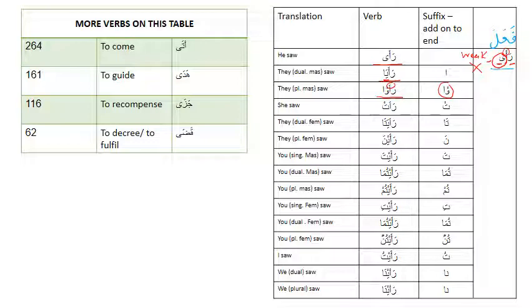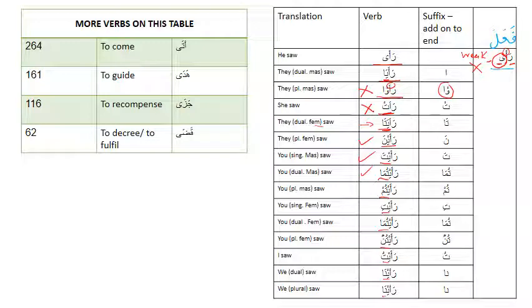Over here, same thing. We completely take out the weak letter, the ya, and we say ra'at, and then it comes back over here, ra'ayata. It goes away over here, and then it comes back over here. And then it comes back for the rest of these: ra'ayna, ra'ayta, ra'aytuma, ra'aytum, ra'ayti, ra'aytuma, ra'aytunna, ra'aytu, ra'ayna.